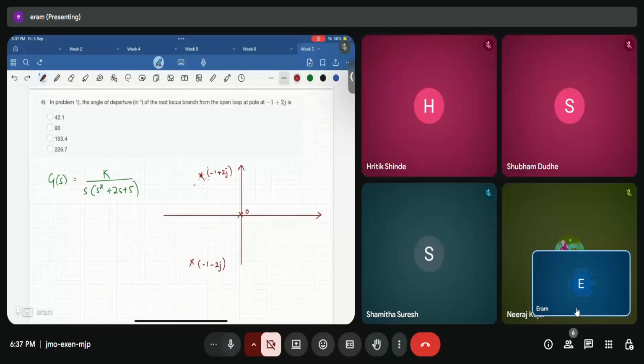Please try it. And keep in mind that we have K as non-positive. We have negative feedback, but we have K as negative.